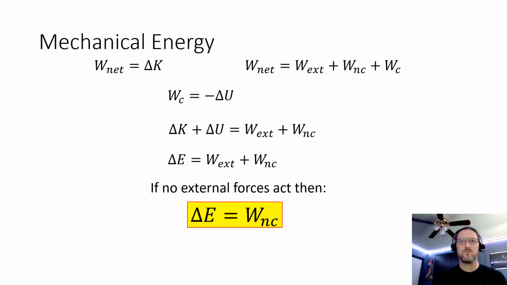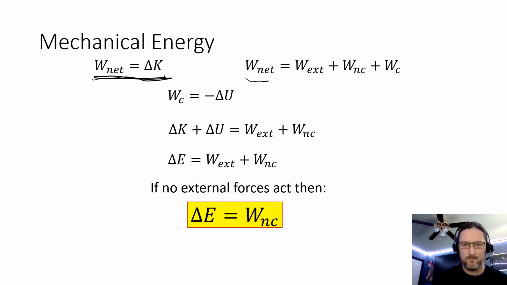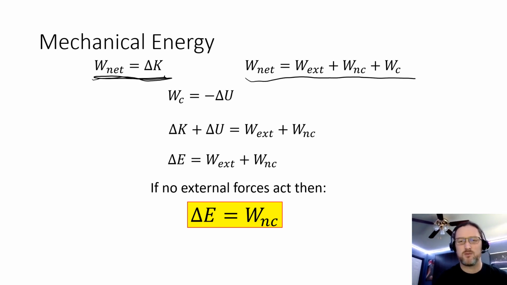So here's where we really get serious with energy, mechanical energy. We remember the work-kinetic energy theorem from the last set of videos, right? Total net work from all the net forces equals the change in the kinetic energy. Well, I can divide work up into a few pieces, which I do here. I can say there could be work from external forces, work from non-conservative forces.